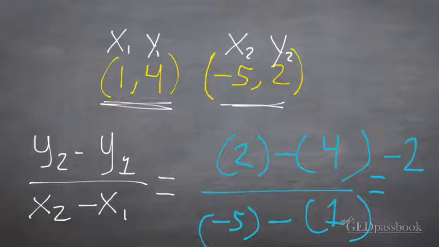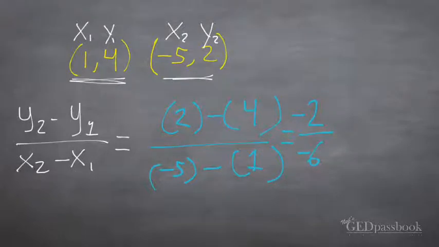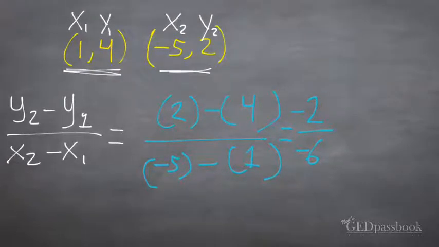What is -5 minus 1? -6. Could your slope be simplified? Yes. To what? 1/3. This could be simplified to positive 1 over 3. You found your slope.